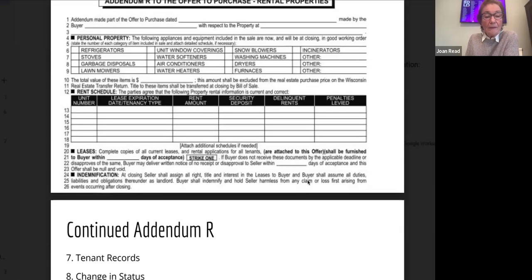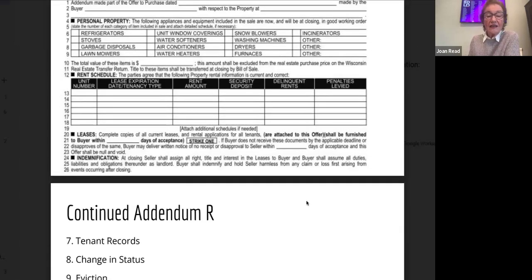So the indemnification is that at closing seller shall assign all right, title, and interest in the leases to buyer, and buyer shall assume all duties, liabilities, and obligations thereunder as landlord.